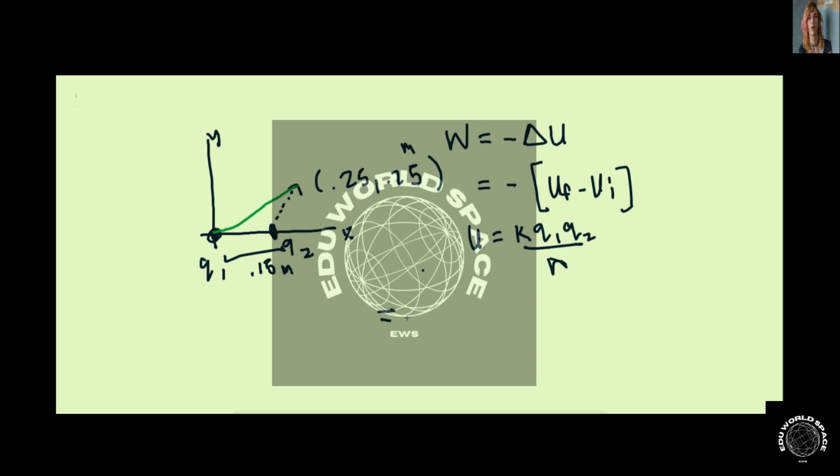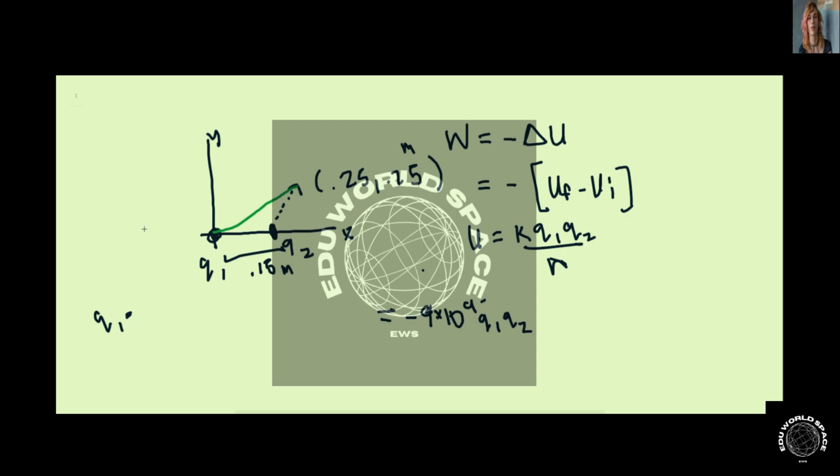And so you want to do negative K, which is basically 9 times 10 to the 9. It's a constant in the book. So then you do your 9 times 10 to the 9, and then your Q1, Q2. I think I'll run out of room if I actually write out what Q1 and Q2 are, so I'll just write Q1, Q2. Let me look at the problem again.